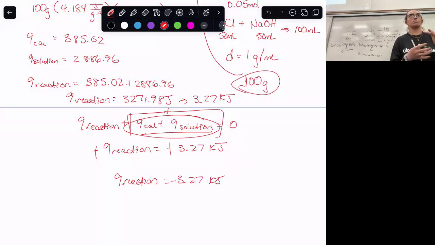So your final answer in terms of the Q reaction is negative, but what's happening in the solution is positive. That makes sense because they should be equal and opposite.